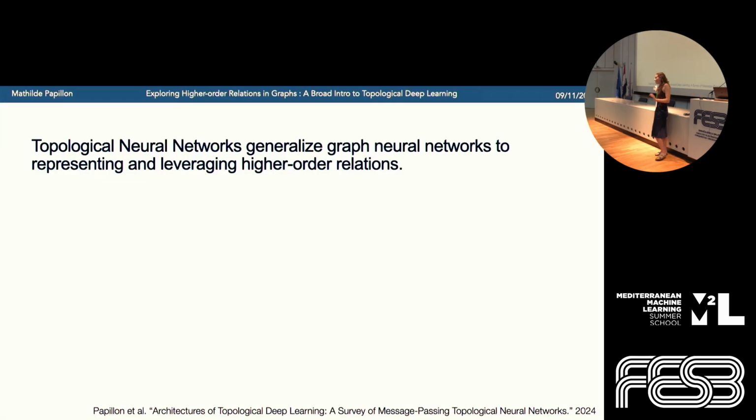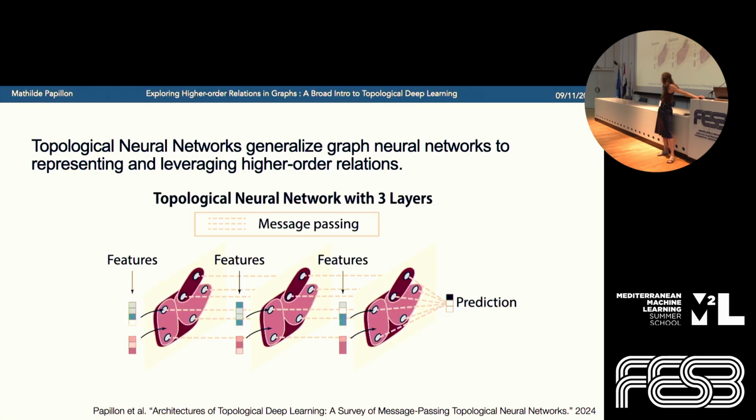So topological neural networks, maybe you've gotten this by now, generalize graph neural networks by representing and leveraging higher order relations. What do I mean by higher order relations? Well, it's exactly the same as a GNN, except now instead of only having pairwise connections between our nodes, they can be n-wise connected, whatever that means, and we can also define hierarchy between our nodes.